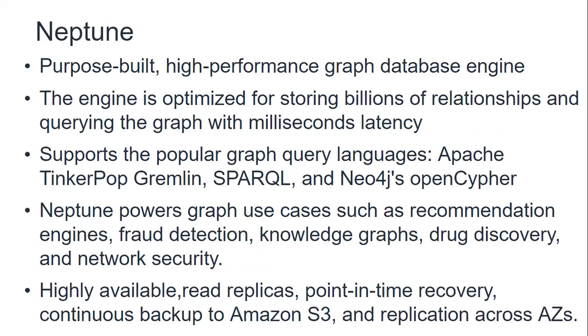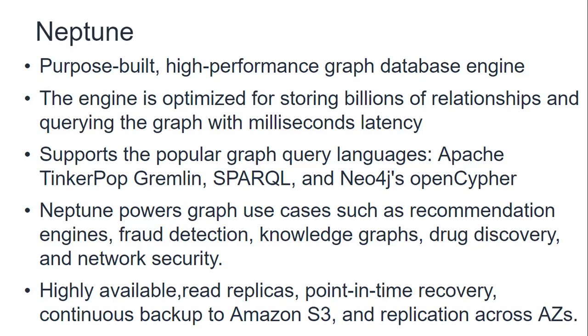Neptune is a graph database, and graph databases usually store relationships between different entities, right? And you can query the graph database with popular graph query languages like OpenCypher, SPARQL, and Gremlin. So you realize that for one database, there are 3 different languages you can use to query it, unlike the SQL databases that only use SQL as a query language, right?